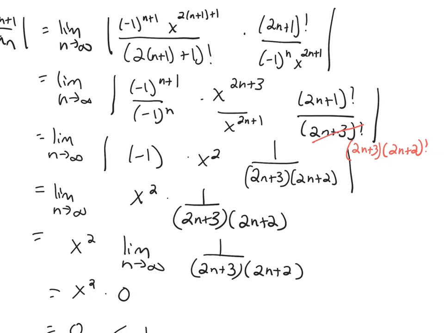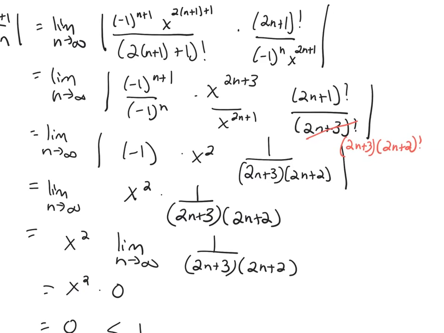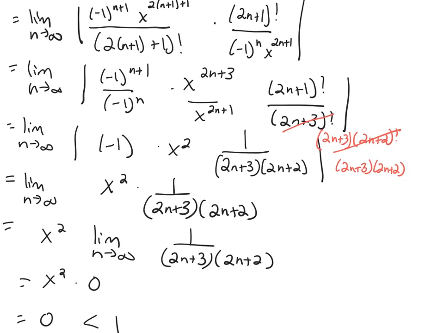So I'm going to rewrite it as, cancel that out, (2n plus 3)(2n plus 2), and then (2n plus 1) factorial. And now the factorials match, so they cancel.